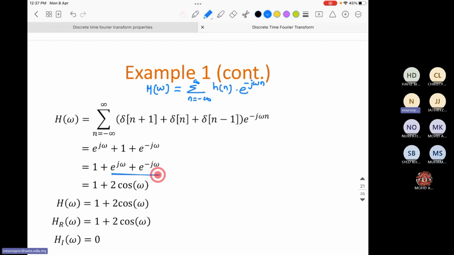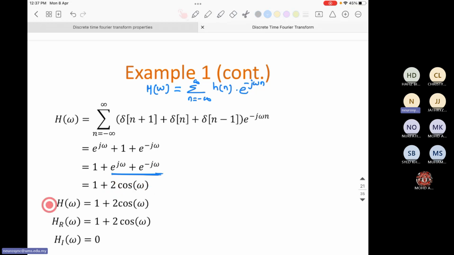Again, this we can represent in terms of cos. So cos of omega is what? Cos of omega is nothing but e to the power j omega plus e to the power minus j omega divided by 2. So if I'm having this term, this is equal to 2 times the cos of omega term. Therefore, instead of this, 2 times cos omega is written.